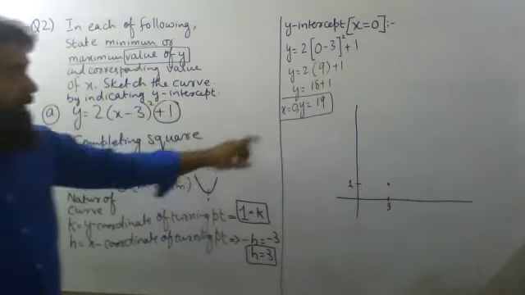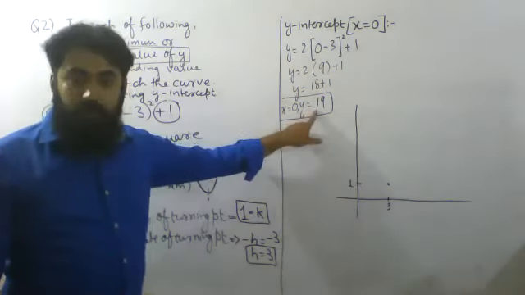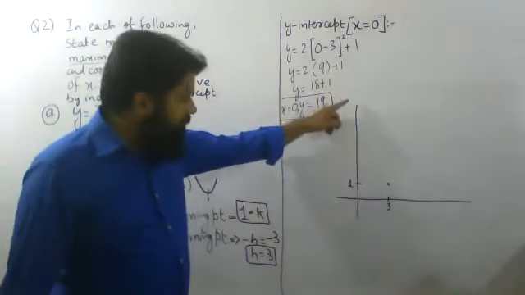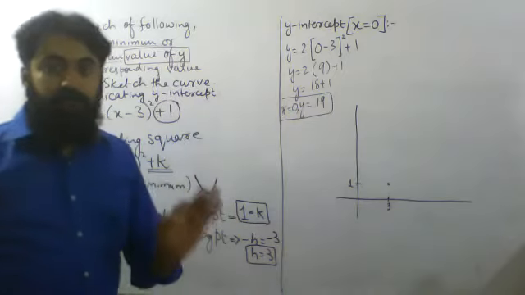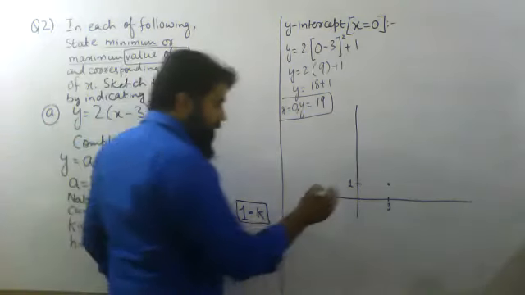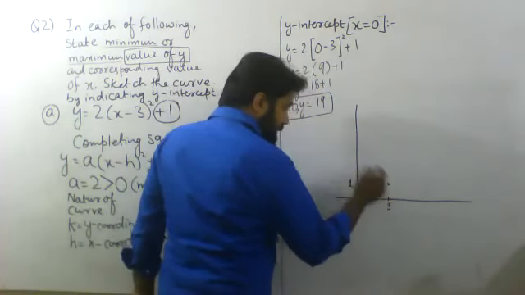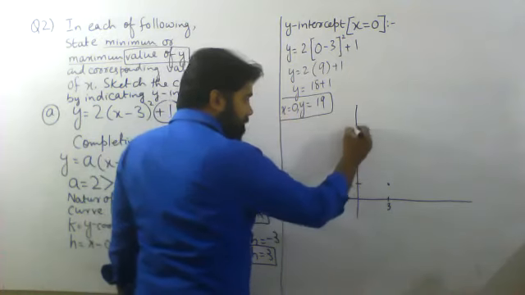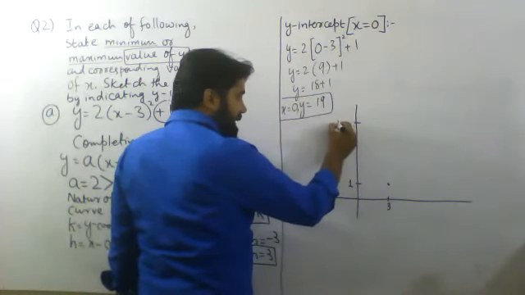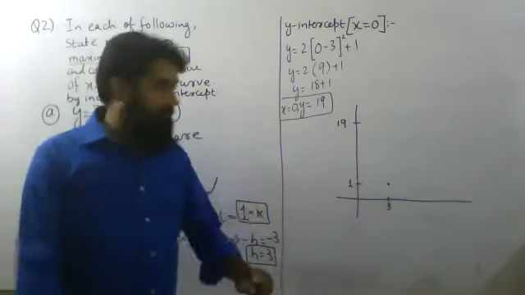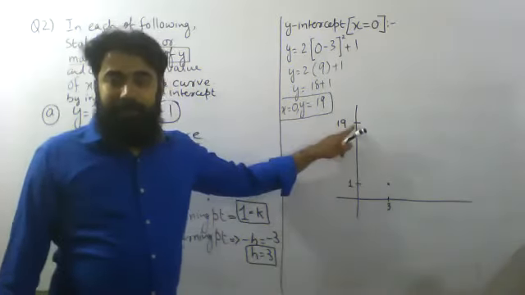So what is that point coming? y equals 19 when x is 0. Always remember that on the y-axis, the value of x will always be 0. Okay? So y is 19, x is 0. I am roughly sketching it over here. I have marked it as 19.